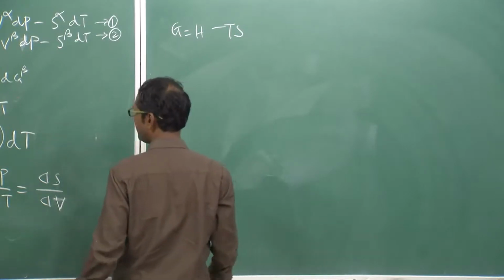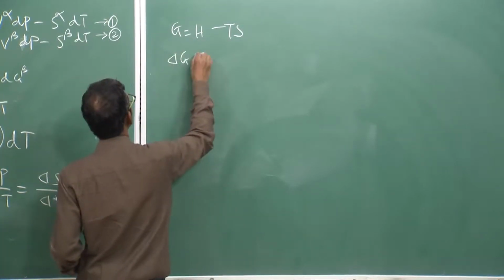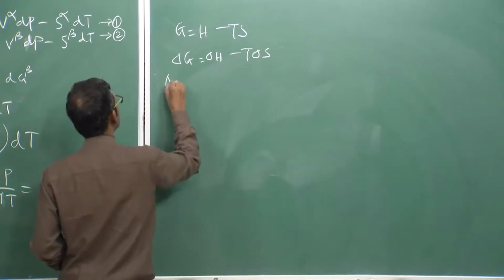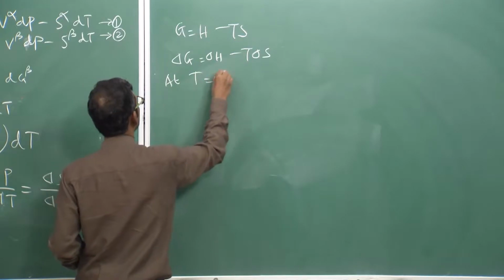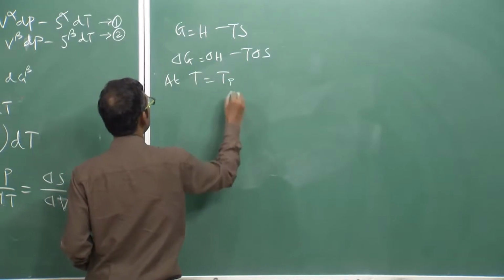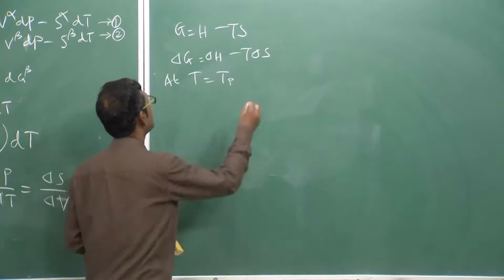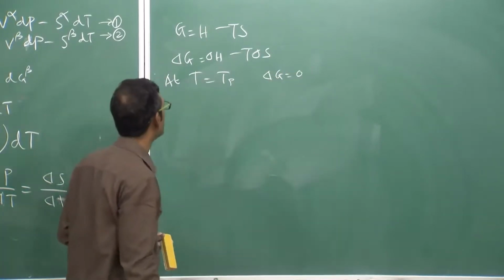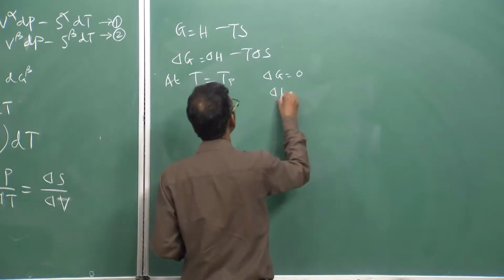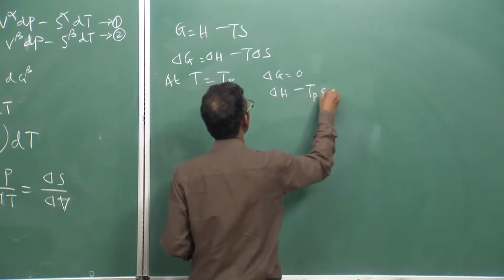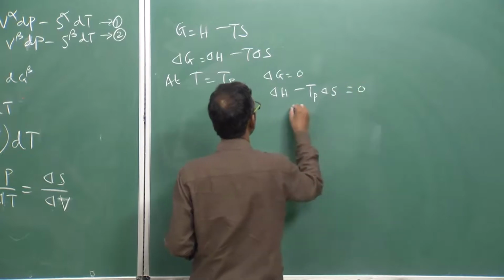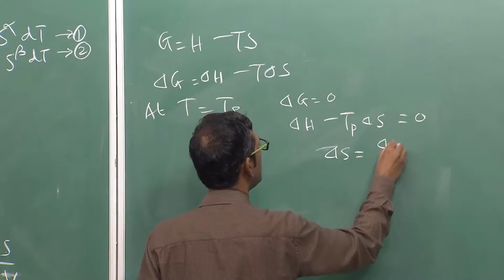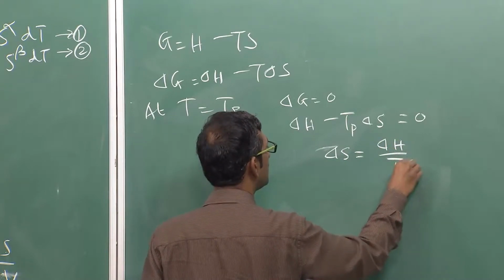So therefore delta G is nothing but delta H minus T delta S. At the transformation temperature, T equal to Tp, delta G must be 0 for any phase, otherwise it will not transform. So therefore I get delta H minus Tp delta S is equal to 0. So therefore delta S is nothing but delta H by Tp.